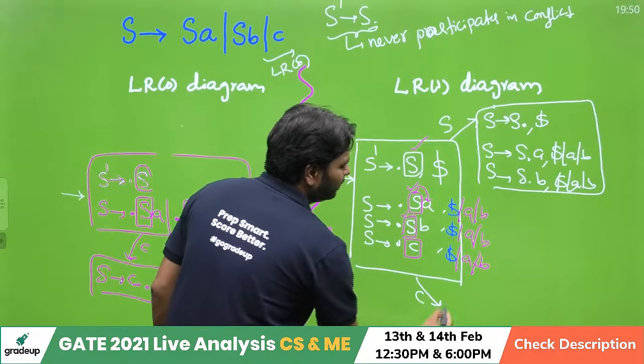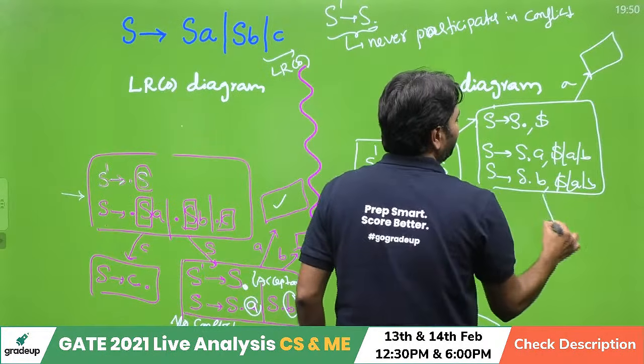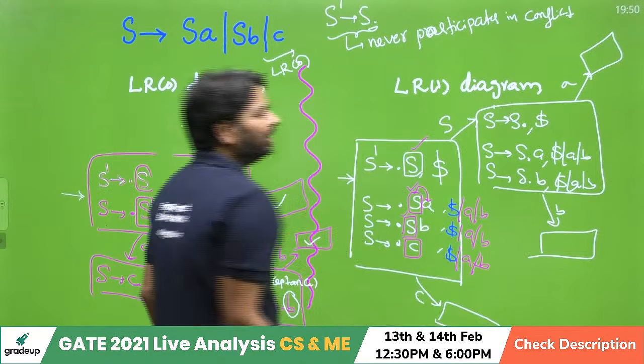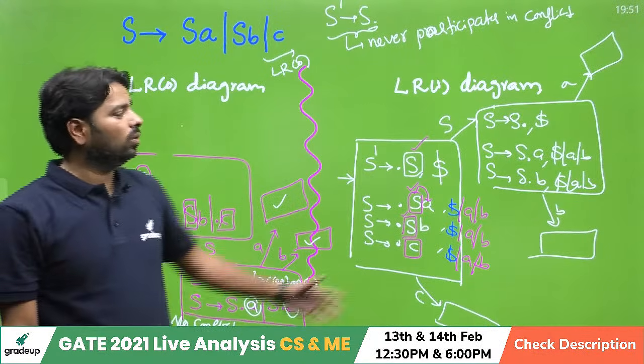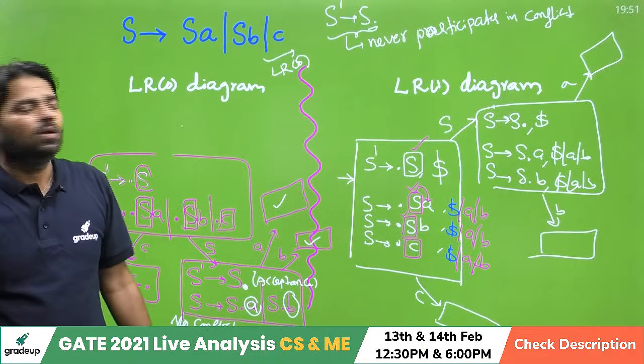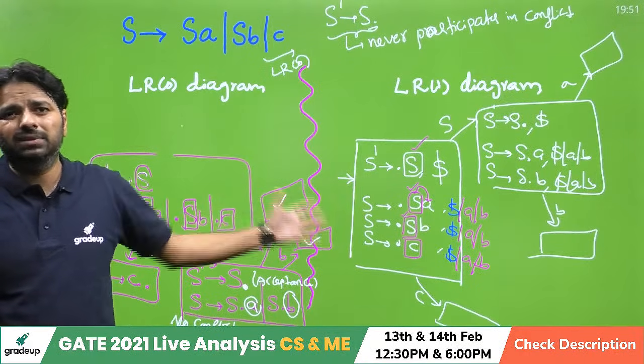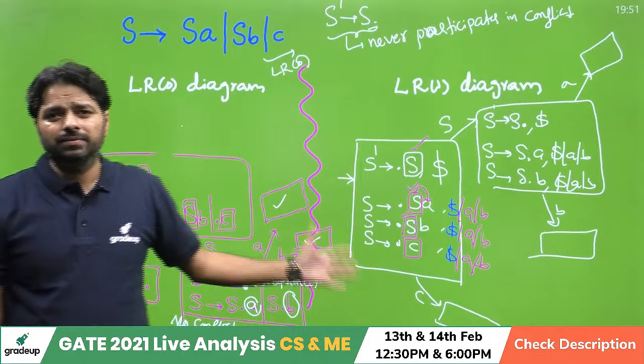If you read a C, you will get one. If you read A, you will get one. No need to do that. If you read a B, you will get one. Any conflict? Again, no conflict. Already it is LR0. But why am I doing this? Just to make you revise. This is the LR1 diagram. Yes?